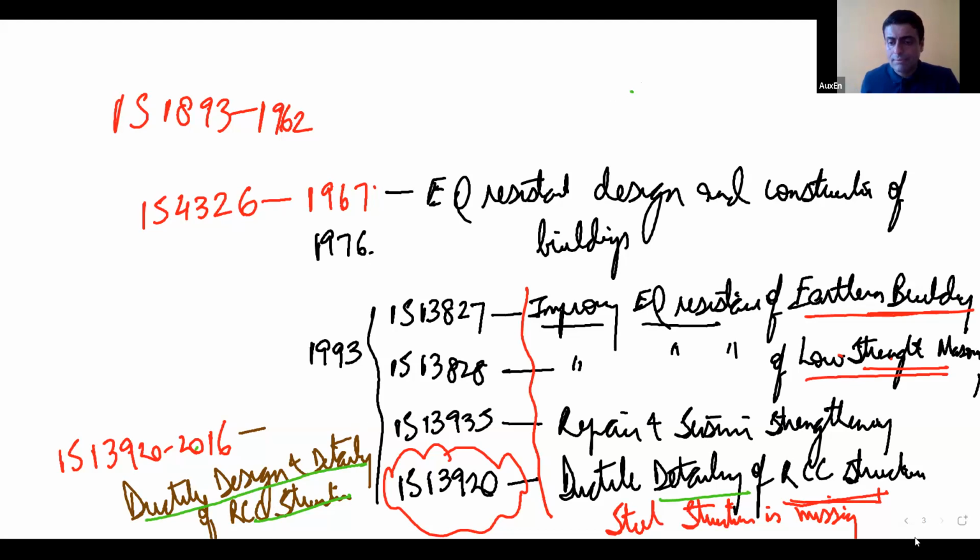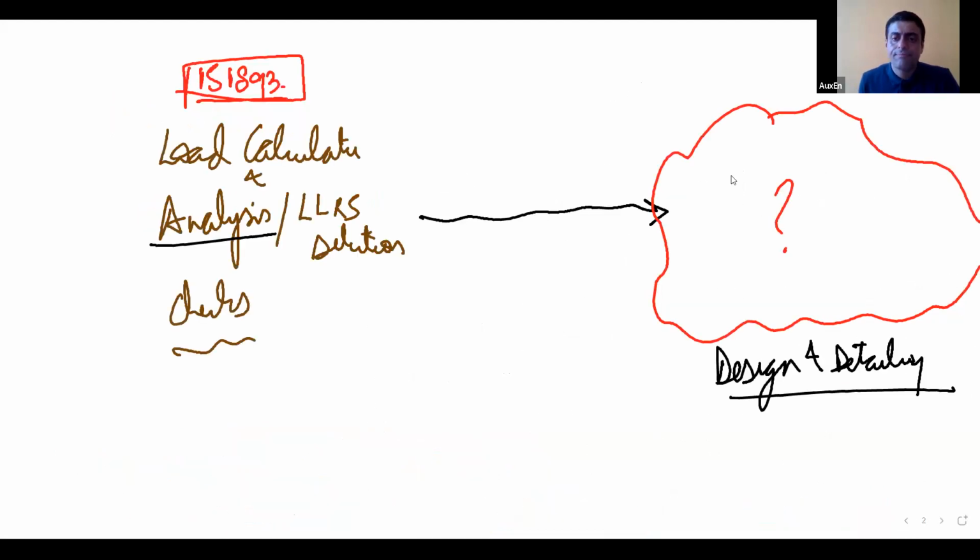So what is still missing in the puzzle? Steel is missing. Yeah, steel is still missing. You still don't have a code which talks about the earthquake resistant principle, design and detailing principles for steel structures.